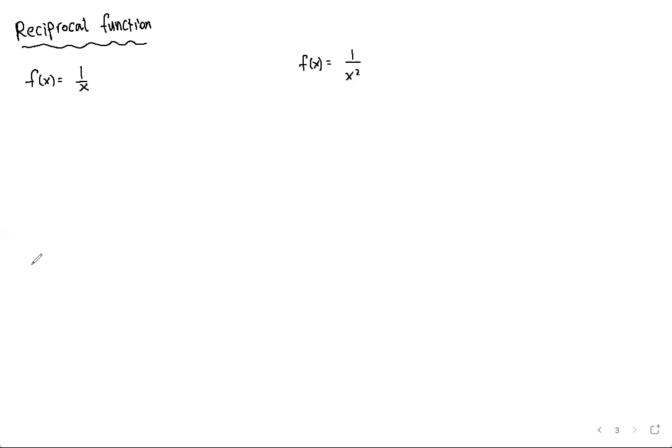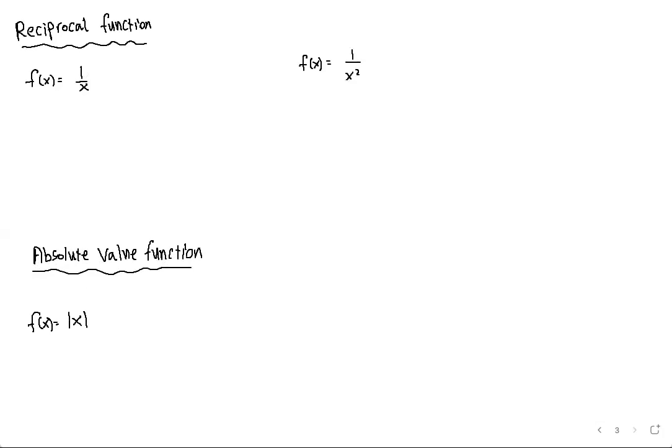And the last one here, the absolute value function. We have to know the graph of the function f of x equals the absolute value of x.